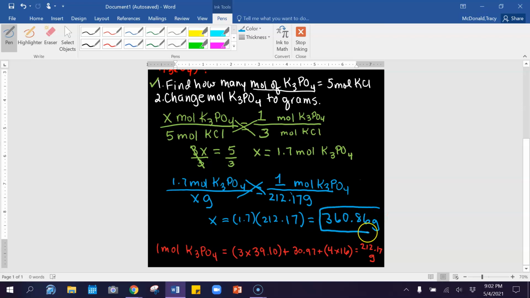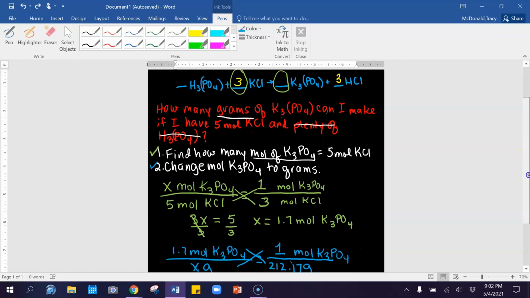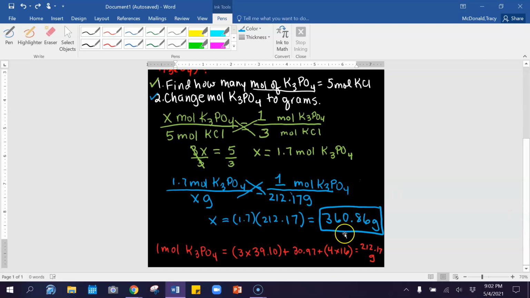And I'm going to go ahead and draw a box around there because that is my answer. So if we go back to our problem, the question was, how many grams of potassium phosphate can I make if I have 5 moles of potassium chloride? Here is my answer, 360.86 grams.